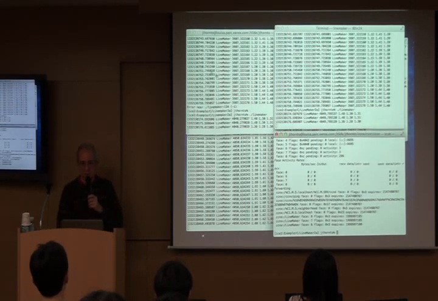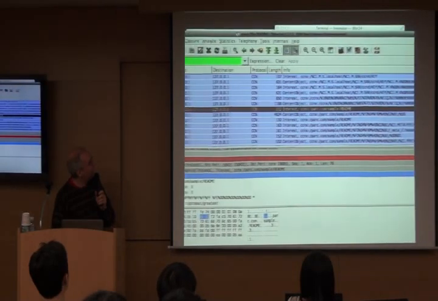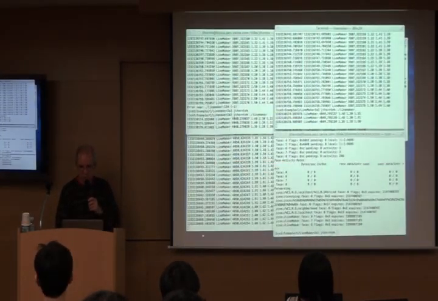Okay. Now, another thing that we want to do is to look at some packets, and we haven't looked at packets yet. So here, let me see if I can shrink this window.